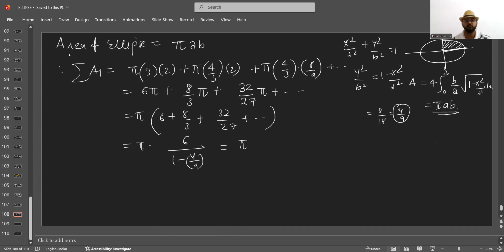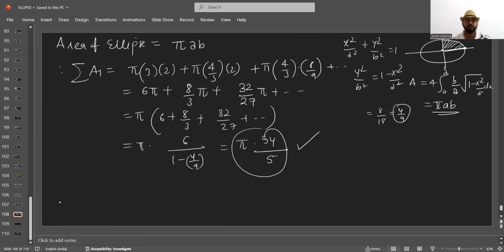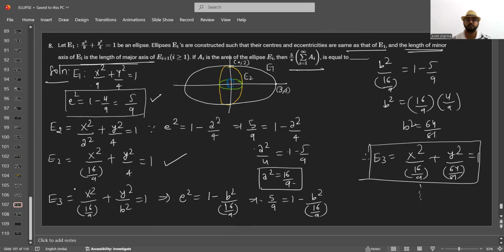This would give me 9 into 6, 54, over 5. What is required? We want 5 over pi, so we can multiply here. So 5 over pi into the sum of A_i would be equal to 54. So the answer here is going to be 54.